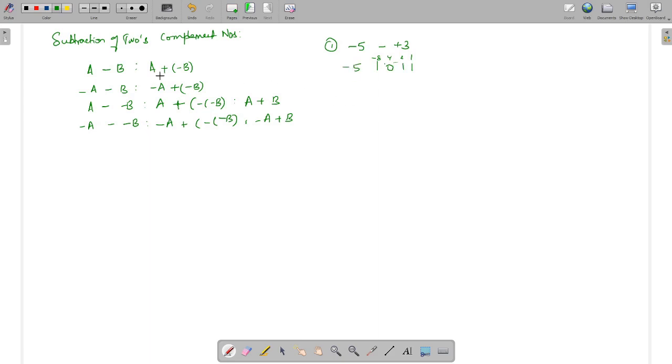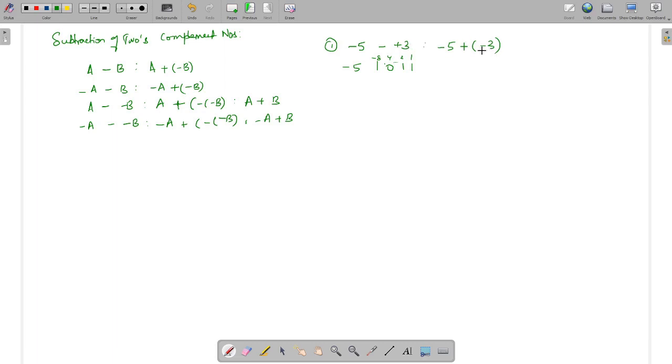So what the rule says is, if you want to subtract, then negate the subtrahend and add it. So in this case we take minus 5 and add minus 3. Instead of taking plus 3, complement the subtrahend.